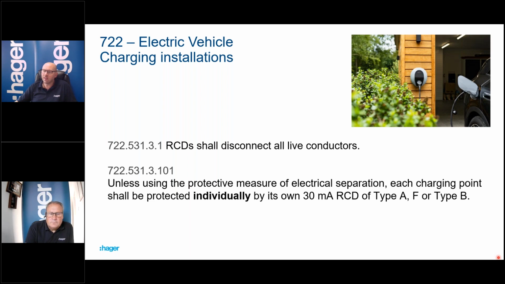Now the RDCDD, what that's doing is preventing too much DC going back through the device. So most of those RDCDDs in the charge points will be set around 5 milliamps, maybe 5.5 milliamps.